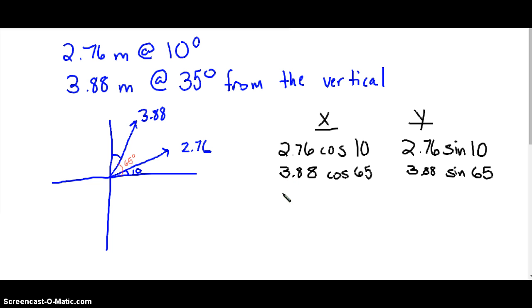But you're going to end up with 2.71 and 1.64 for your y components respectively. You're going to end up with 0.479 and 3.52 for your y components. Let's add those together.